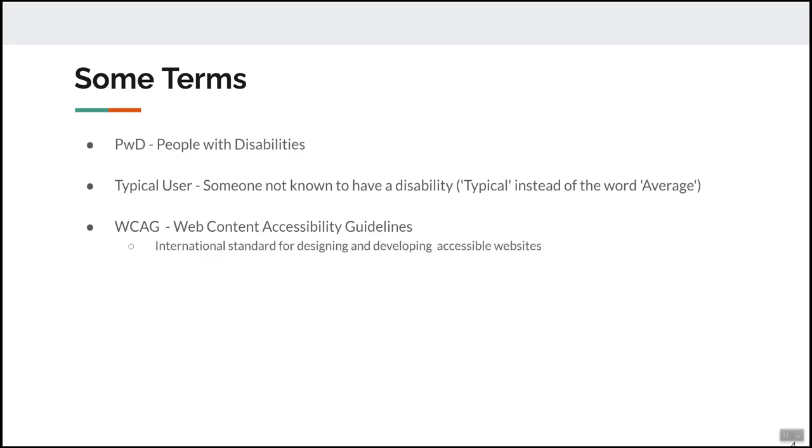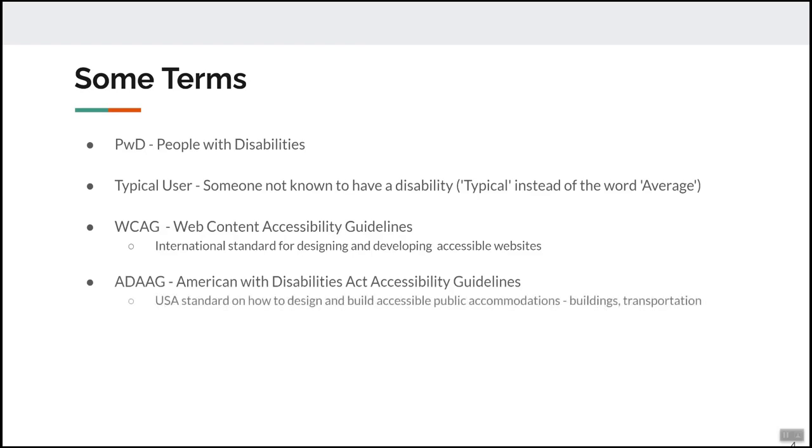Those are the international standards for creating accessible websites. ADAAG, Americans with Disabilities Act Accessibility Guidelines. Those are the U.S. standards on how to build buildings and transportation or public accommodations. And AT, Assistive Technology. These are tools used by people with disabilities, like a screen reader, a wheelchair, or a hearing aid.